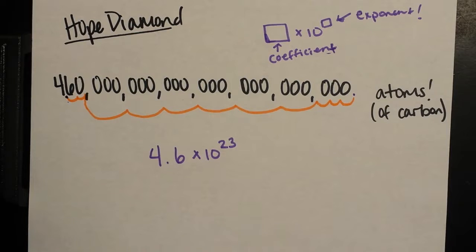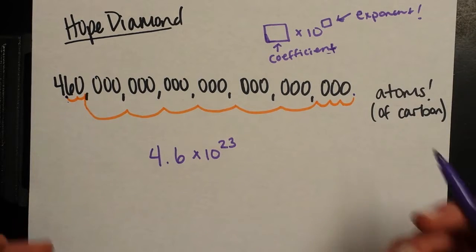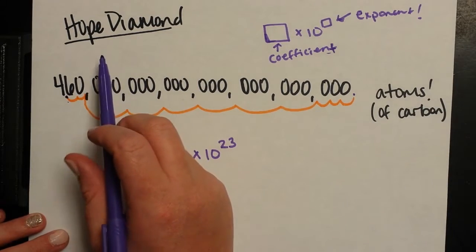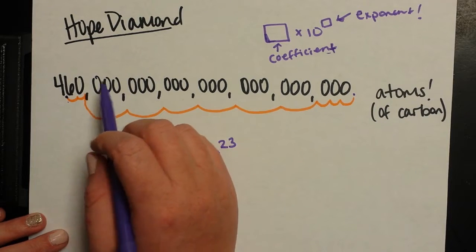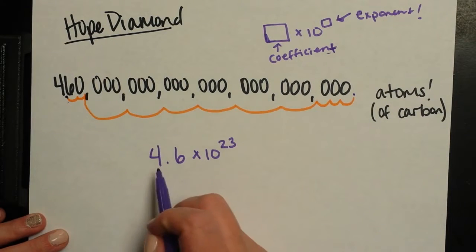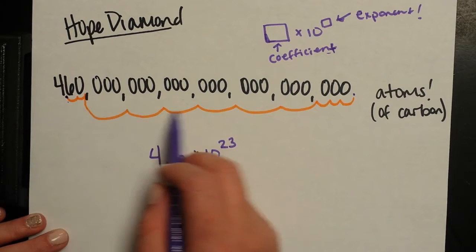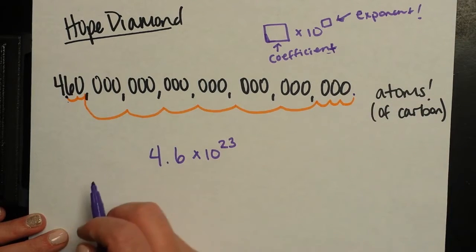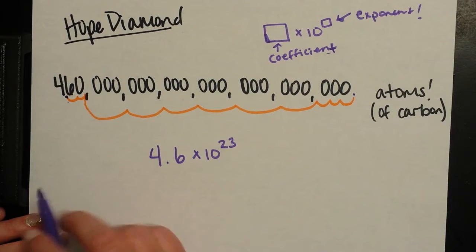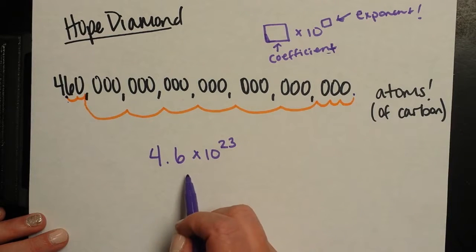Nobody knows what you're talking about unless you say what that unit is. In this case, we were looking at the Hope diamond, and this big old number, which is easier to say as 4.6 times 10 to the 23rd, is actually the number of carbon atoms inside that diamond. So it's an absurd number of atoms.